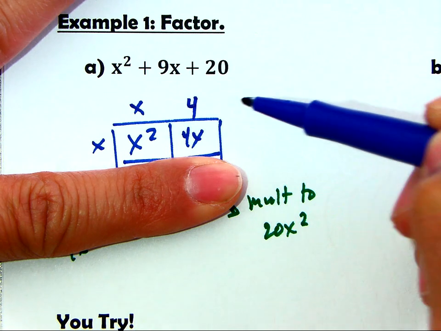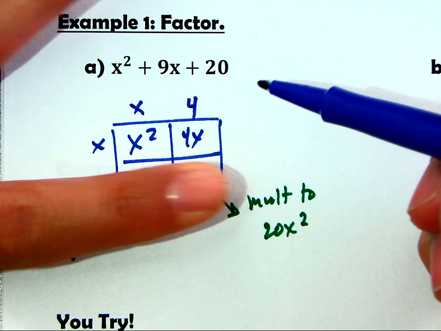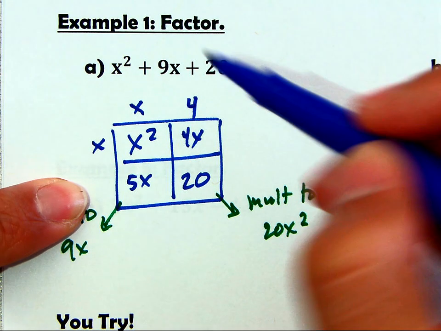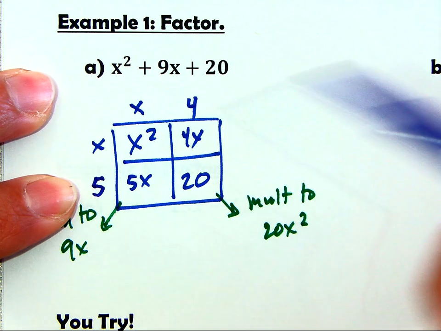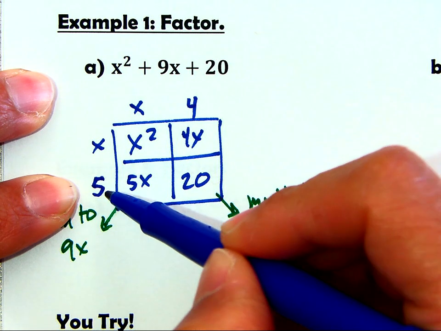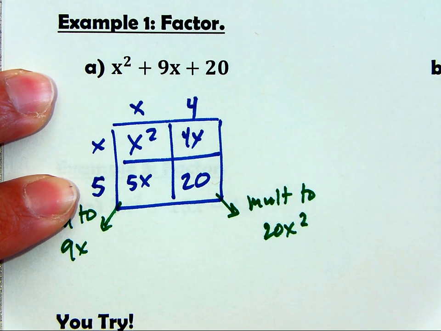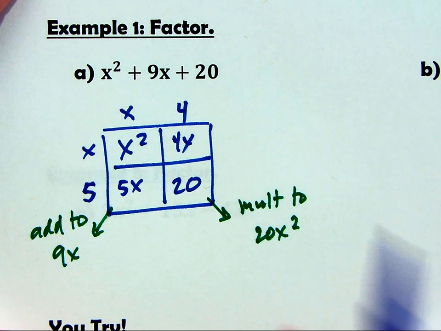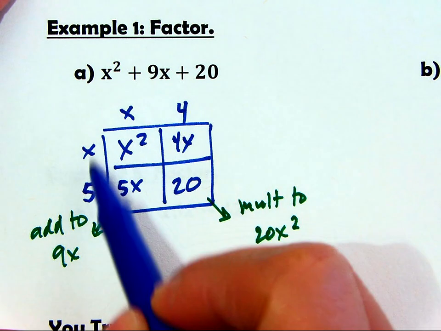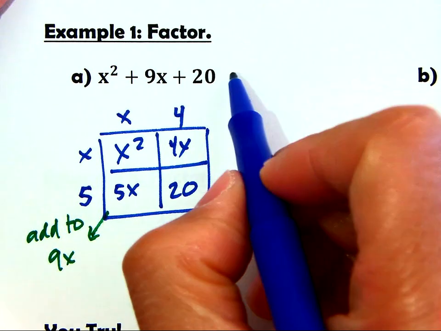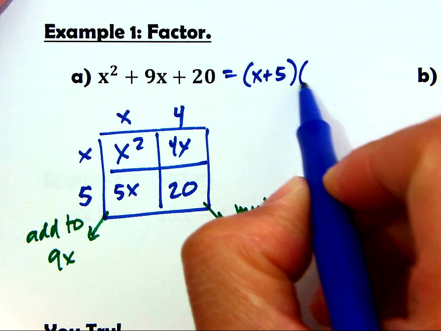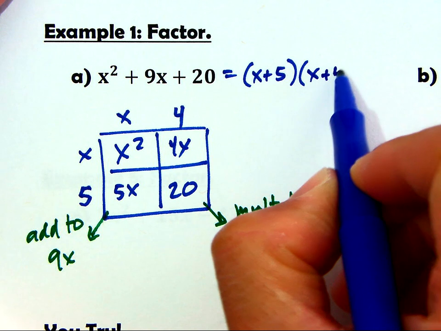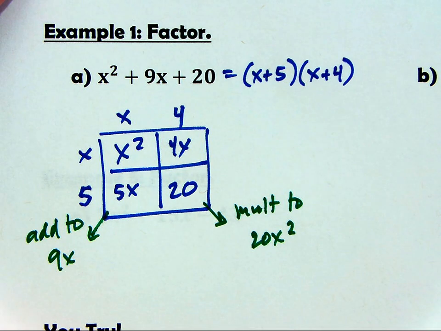I need a factor of 4. Then let's figure out this last factor. x times what makes 5x? x times 5 makes 5x. And lastly, check: 5 times 4 makes 20. So these terms on the outside are going to be the factors of the polynomial. We'll write it here: there's going to be an x plus 5 factor and an x plus 4 factor.